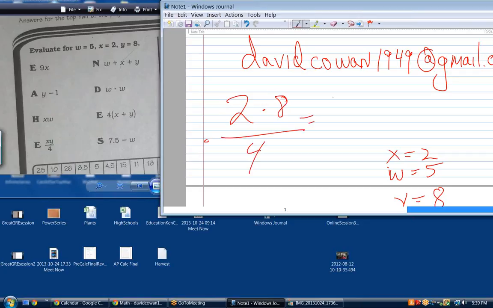I can just multiply it out, so I get 16 divided by 4, and that simplifies to 4. But I think a person should always simplify first before multiplying it out, just because you keep your numbers smaller. In other words, 8 over 4 is the same as 2 over 1. If I divide the bottom by 4, I get 1.